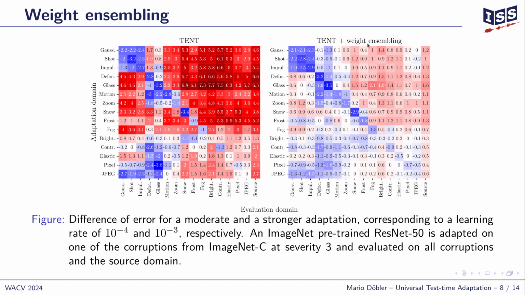Now, using our weight ensembling on top of TENT, we can see we can still adapt to the distribution shift and also retain much better performance on other distribution shifts.